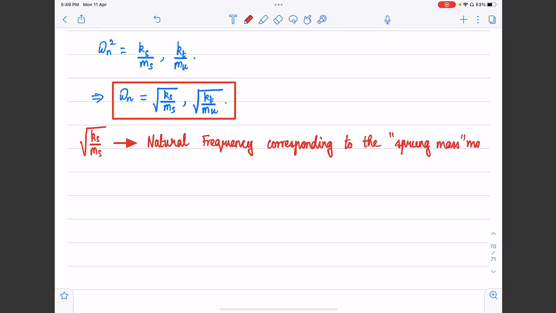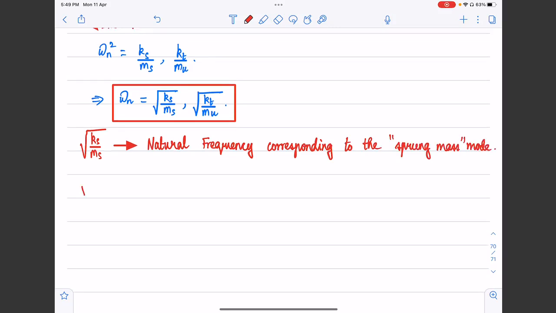And the second frequency, square root of kt by mu, corresponds to the natural frequency corresponding to the so-called unsprung mass mode.